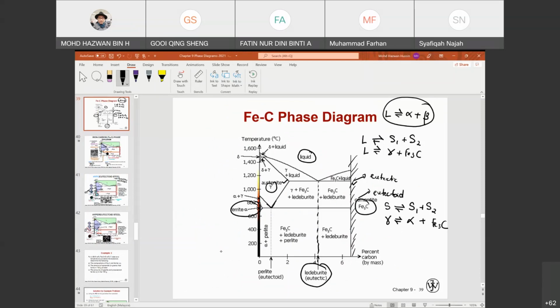Meanwhile, for the eutectoid region, this is the composition of eutectoid. This phase is known to be pearlite. So if the question asks what would be the weight fraction of pearlite formed, you know that pearlite refers to the composition of eutectoid over here, 0.77. Meanwhile, for lamellar, this one is at around 4.3 percent, for example.